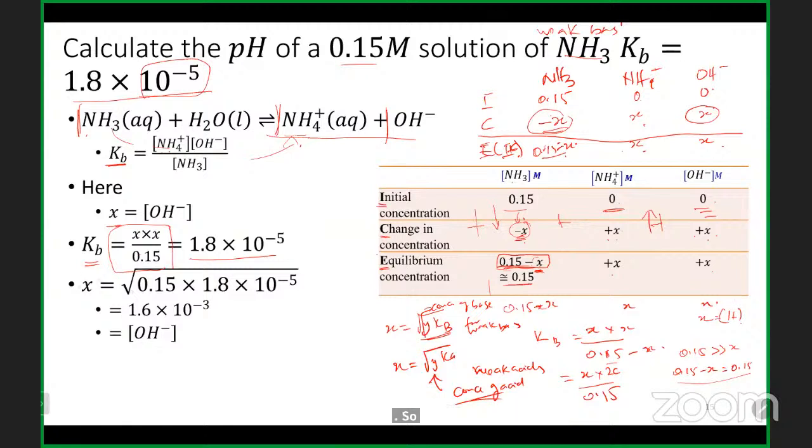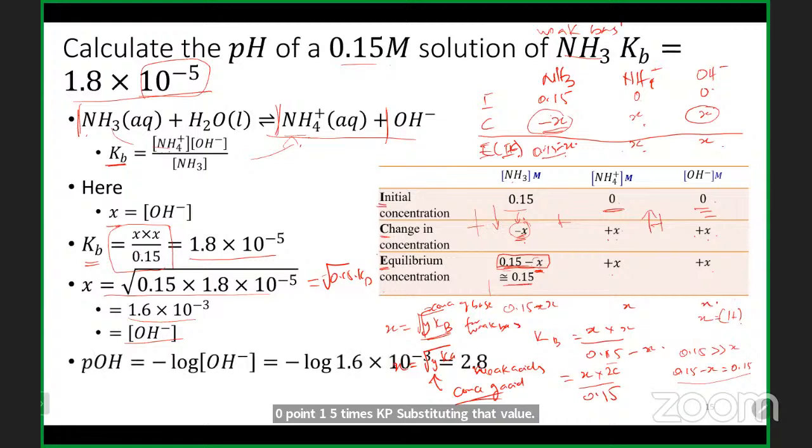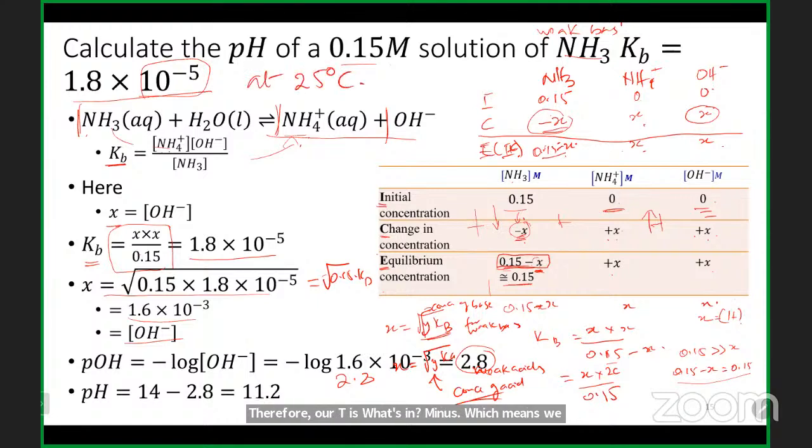So X is the square root of 0.15 times Kb, and substituting that value, we can calculate our OH minus concentration. Apologies, the pOH is minus log of that, which gives us 2.8. Therefore, our pH is 14 minus 2.8, since we have assumed that we are working at 25 degrees centigrade.